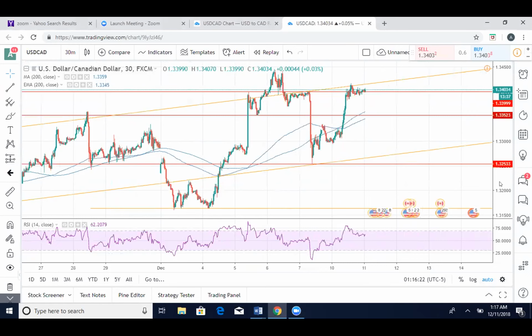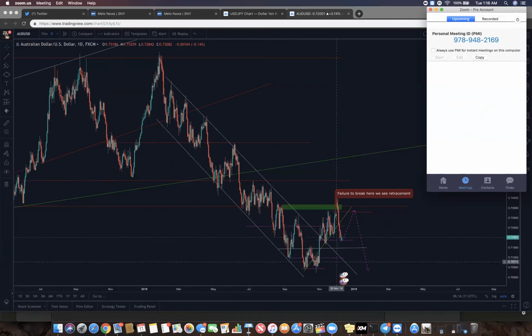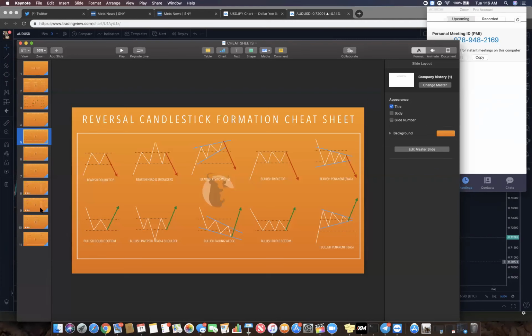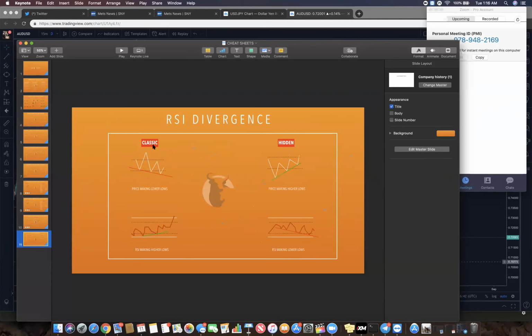There's different ones, Shadi. There's a hidden divergence, and then there's a regular divergence. So for note purposes, the one right here, where it's going down here and up here, what's the name of that one? So you have your classic divergence, where the RSI is making higher lows and price is making lower lows.